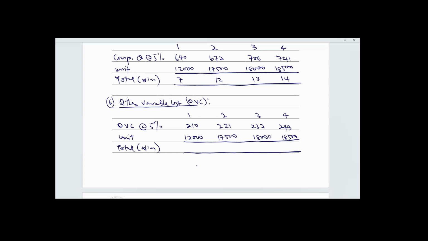What do you have? Year 4, 5. Year 1, 3. Year 3 is 4. Year 2, 4. All right then. So we are done with other variable costs.